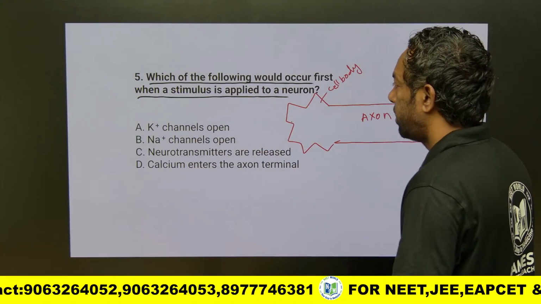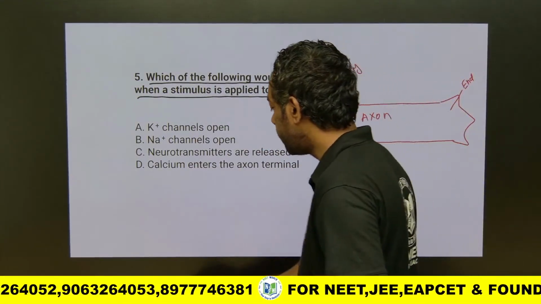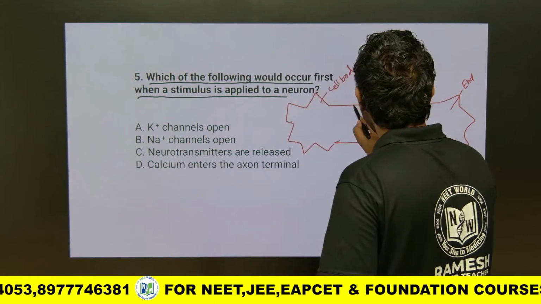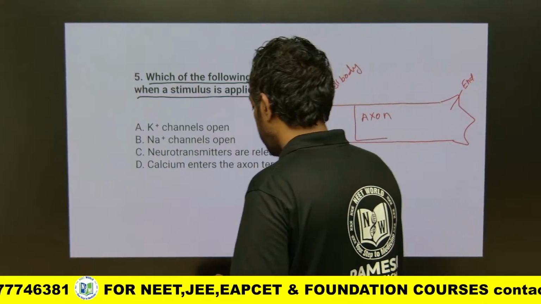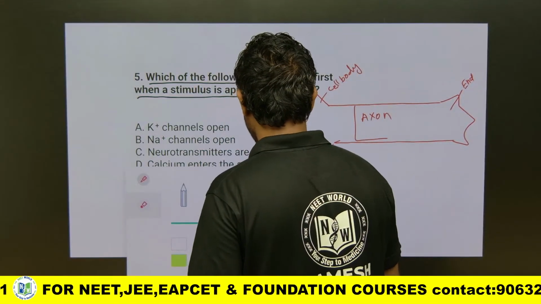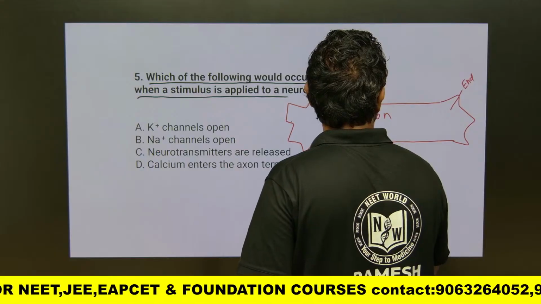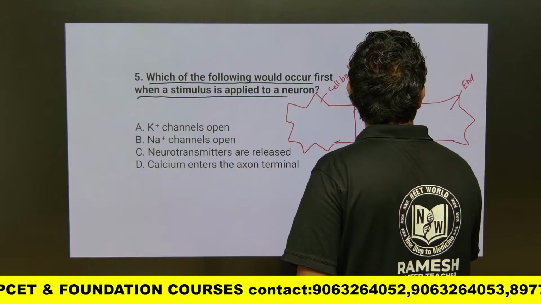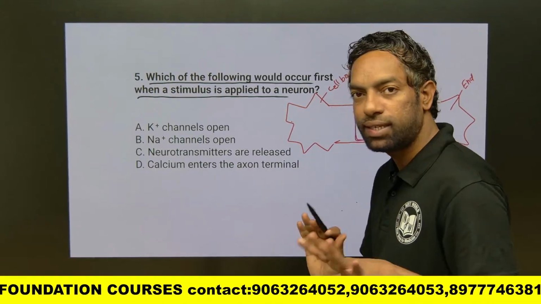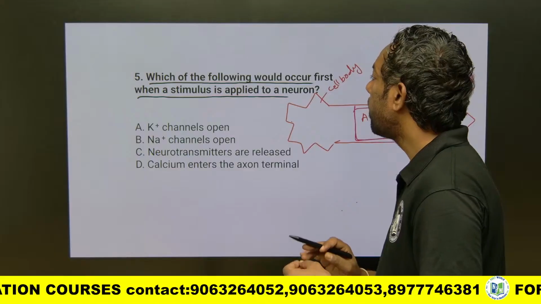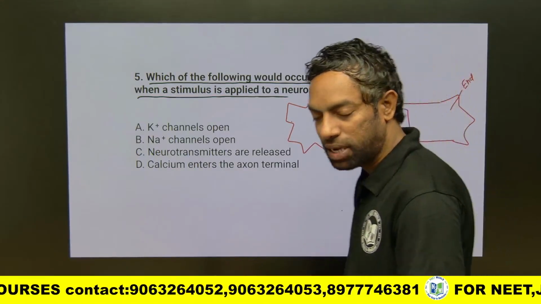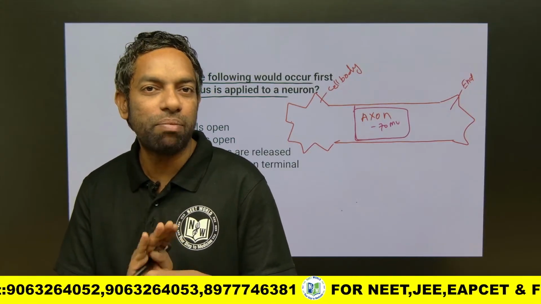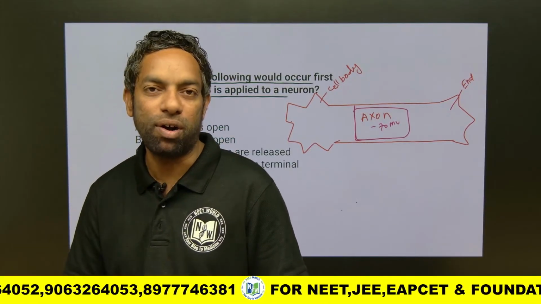First, the stimulus. If it is at resting potential, the resting potential of the axon is minus 70 millivolts. If any stimulus happens, like a mosquito lying on your hand and you hit it, a mechanical pressure takes place in that part of the body.